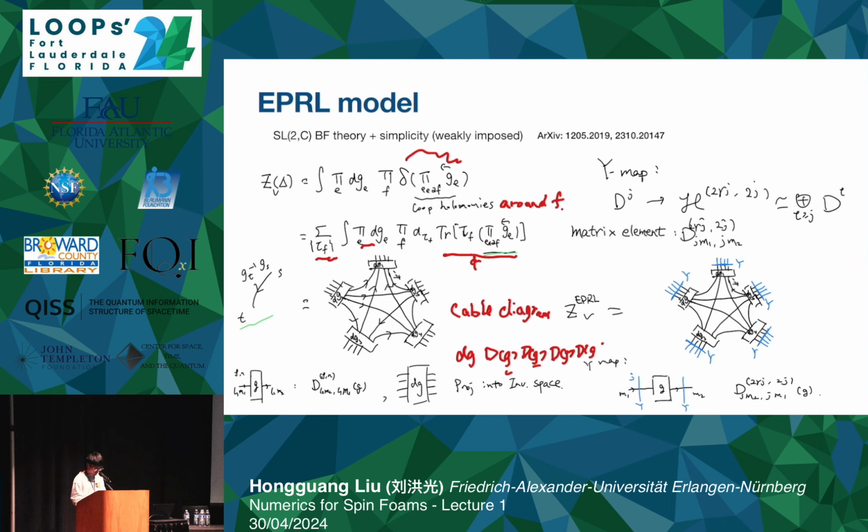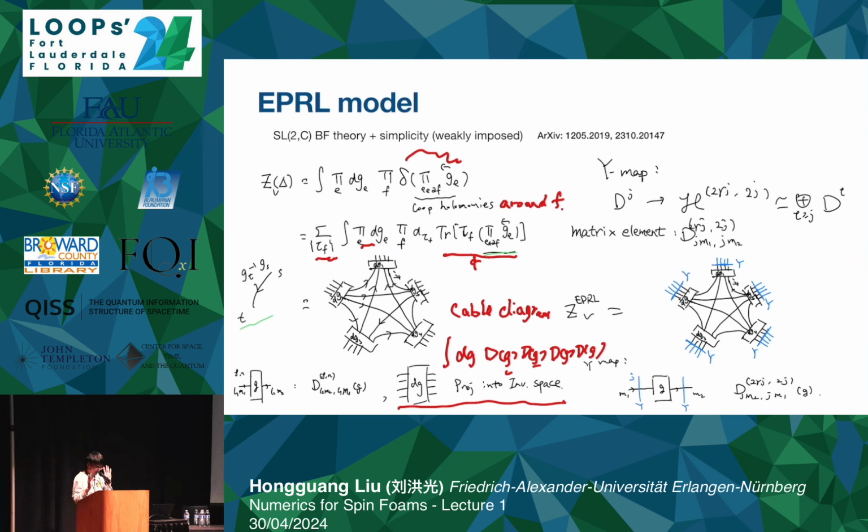And this is what you already learned during the spin network state: a projector into the invariant space of the SL2C. So we decompose this trace into the projector into the invariant space.